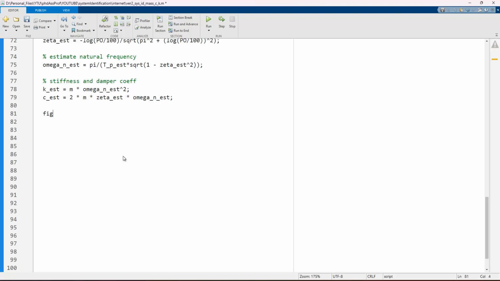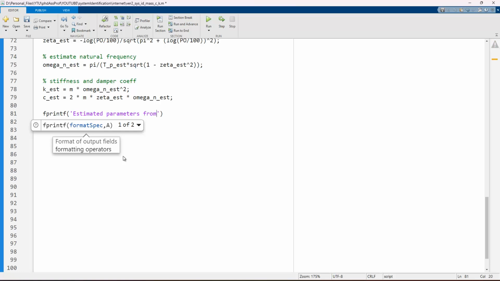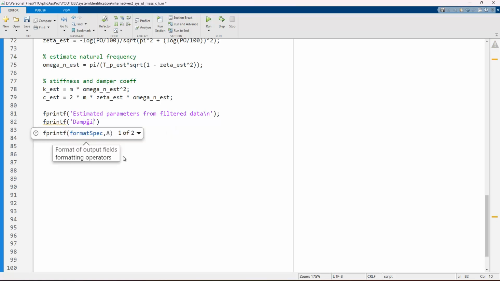Okay. And so in the first place we need to fprintf the estimated parameters from filtered data. So the fprintf: damping ratio or zeta values, percent dot 4f newline, and zeta est.